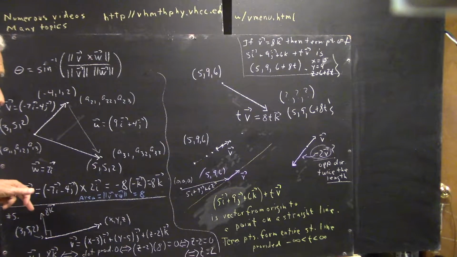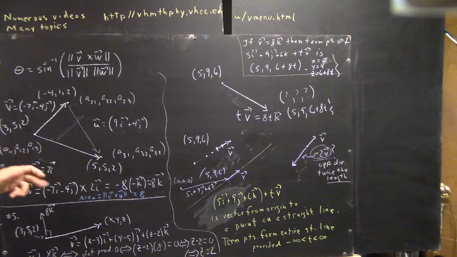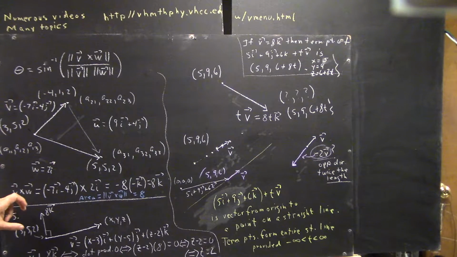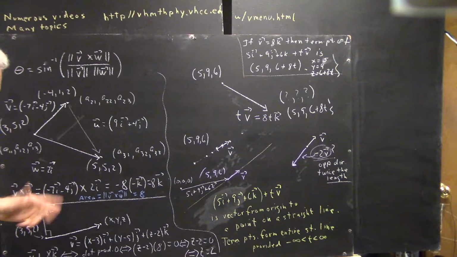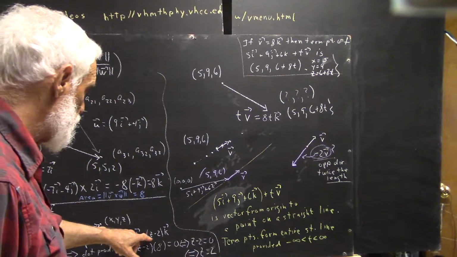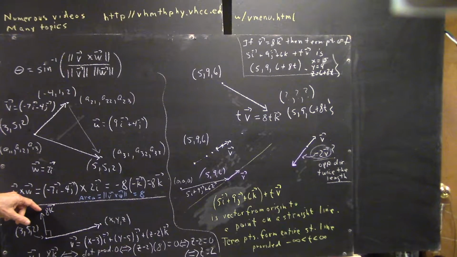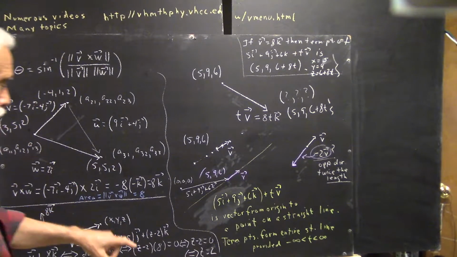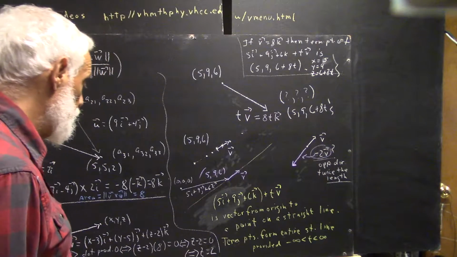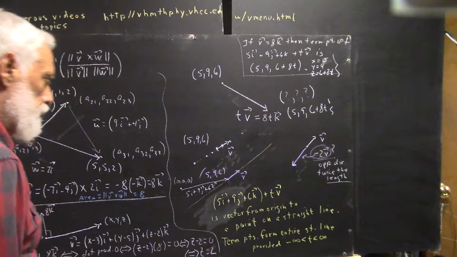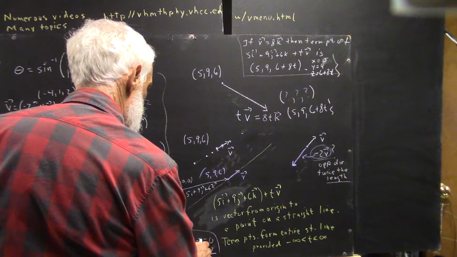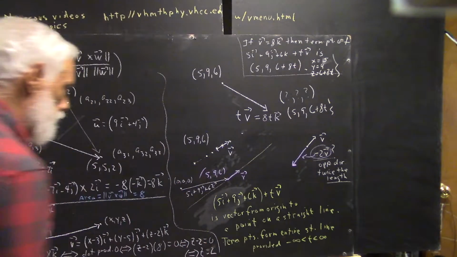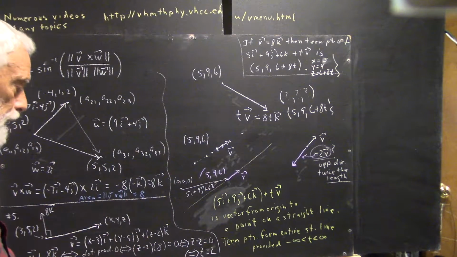This times the 0 coefficient of j in this vector is going to give us 0, leaving us just (z minus 2) times 8. So (z minus 2) times 8 is 0, and that's simply equivalent to saying that z minus 2 equals 0. There's no point in multiplying through by 8.